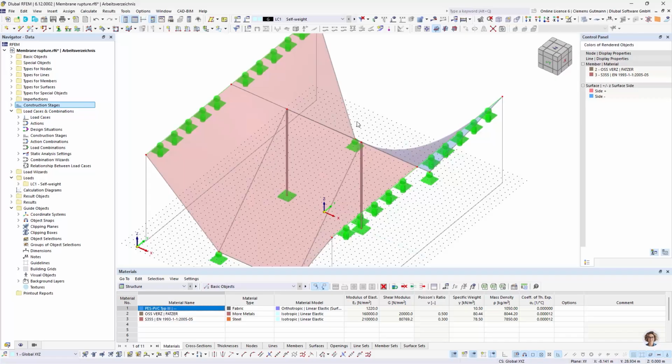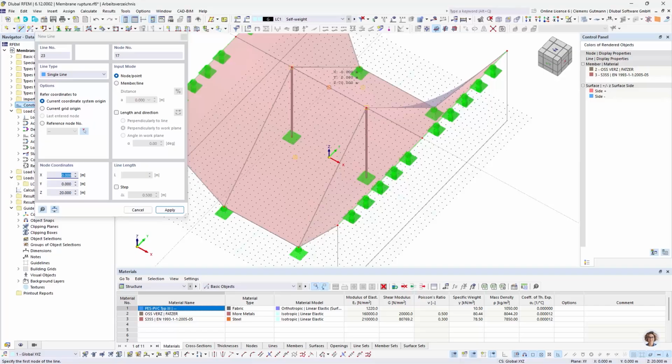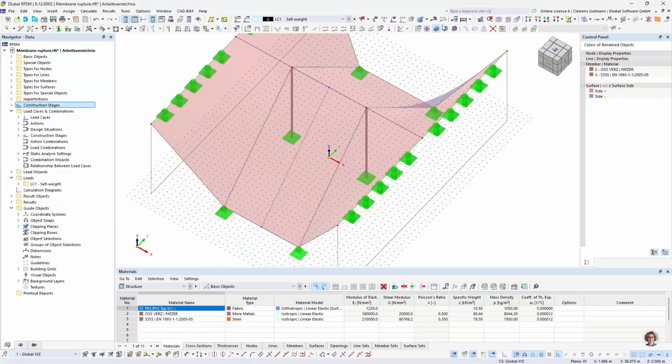In our case, I'm going to do this by creating a small intermediate surface that will be there for the form finding, but then removed in the subsequent construction stage. So I'm going to draw a line here, and I'm going to connect this line so I get a proper connection here, and this bottom and top line is divided.